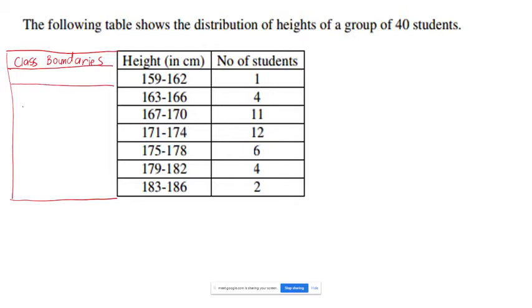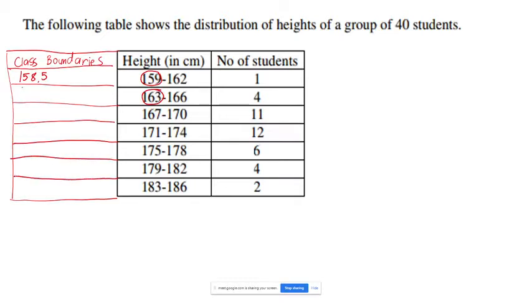Let's start with the lower boundaries. I subtract 0.5. How much is that? We have 158.5. Subtract 0.5. How much? 162.5.